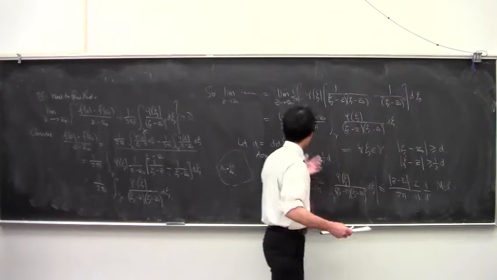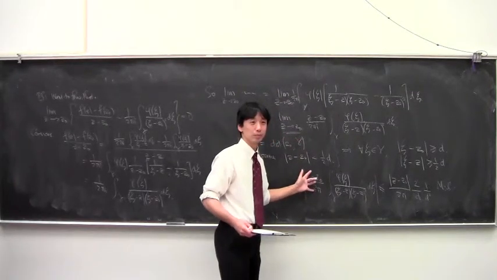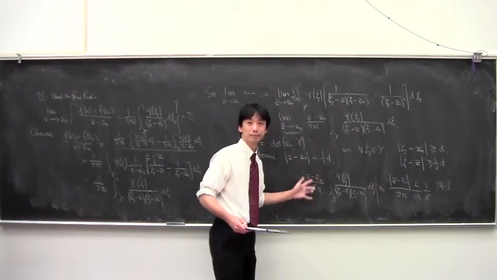And so as z goes to z naught, this integral becomes arbitrarily small.